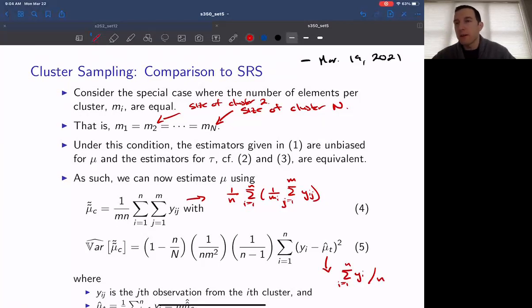Now again, this is a very interesting and helpful idea because when we introduced relative efficiency at the end of lecture set 4, one of the comments that we made was this works best when using the same sample. If we wanted to compare the simple random sample estimator of the mean to the ratio estimator of the mean, we would want to use the same data to do that because otherwise the comparison could be unfair.